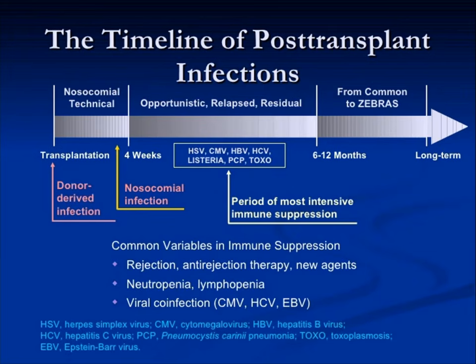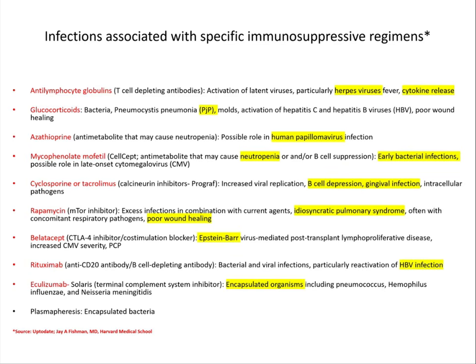So you have to look at their combinations, what they're taking, and so forth. It goes without saying, the longer they're on it, the more likely. And this is the list I have. I stole this from Jay Fishman from Mass General.